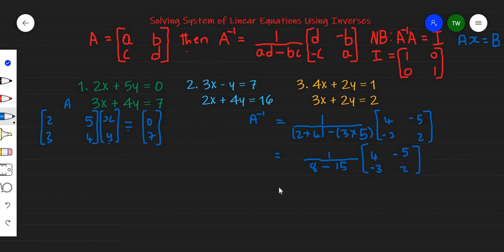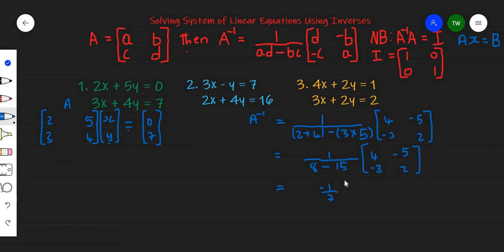And this can be simplified to give us 1 over 8 minus 15. That's going to give us negative 7. So I'm going to put the 7 here and put the negative beside the 1. So what I have is just negative 1 over 7.